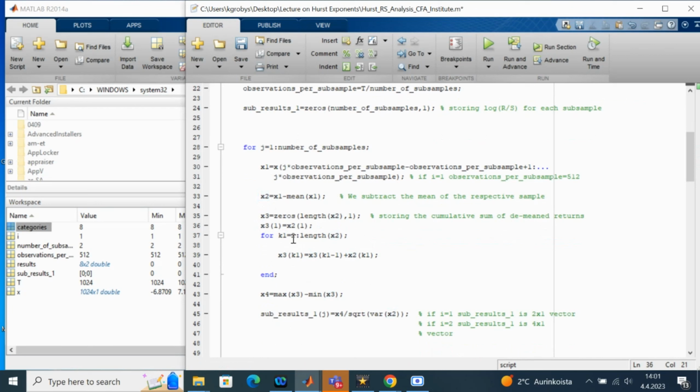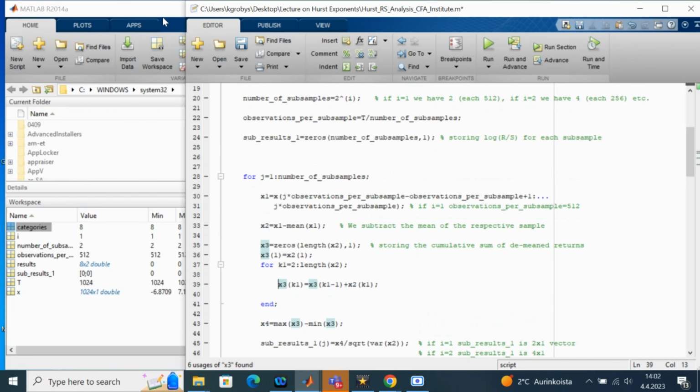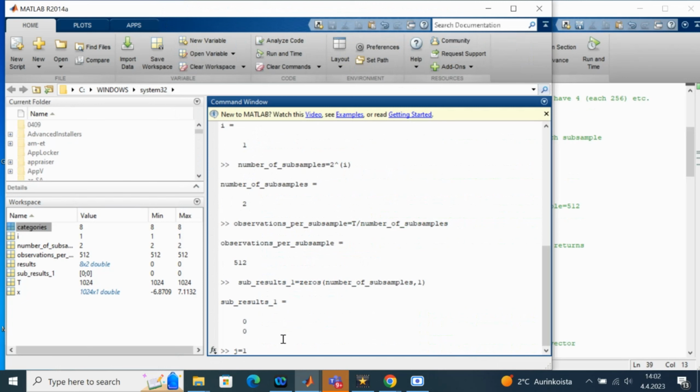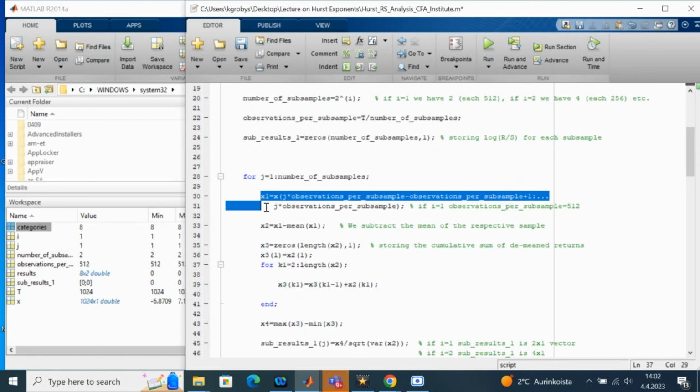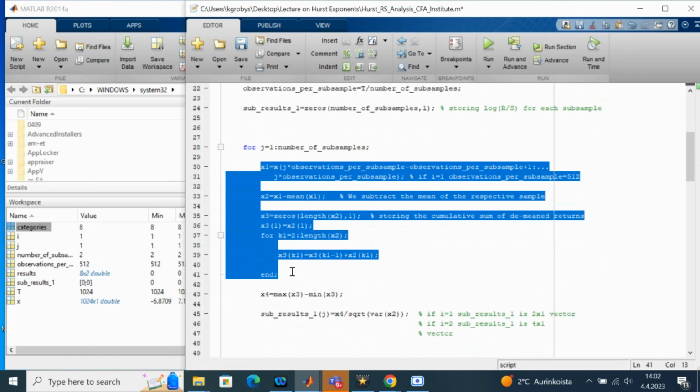Then from element 2 to the last element, we add to the corresponding element of x3 from the previous time period the element of x2. So, okay, let's do that here. Let's set j equal to 1 and run this loop so that you can see what happens.